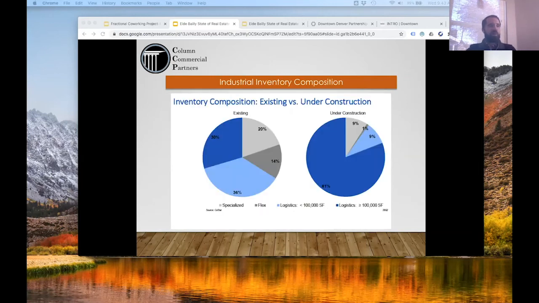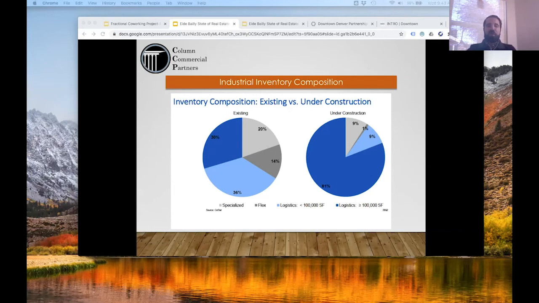This is a quick snapshot of what's existing in the market and what's under construction. Again, it speaks to the realization that third-party logistics and e-commerce are really taking over, and what's under construction are these logistics properties over 100,000 square feet. So 81% of what's under construction right now falls into that large-scale logistics type property.